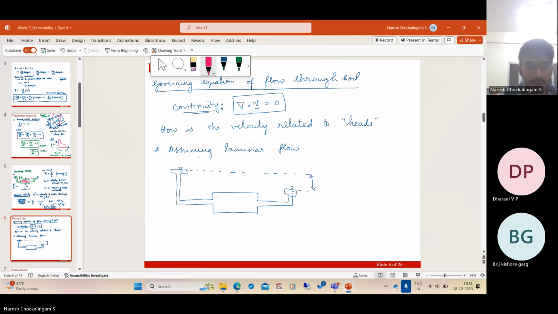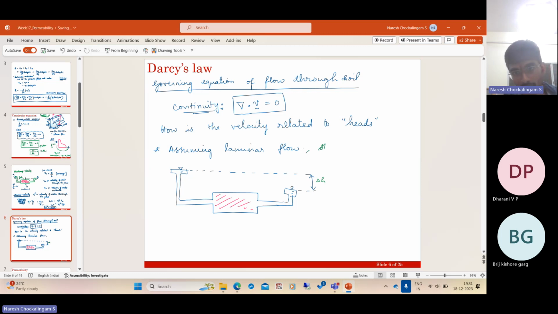And this is soil. And the head difference is say delta H. So we are assuming a steady state laminar flow. And not only that, we are also assuming that the velocity head is negligible because of the high friction that occurs when water flows through soil, because there are so many soil particles, the surface area is very large.